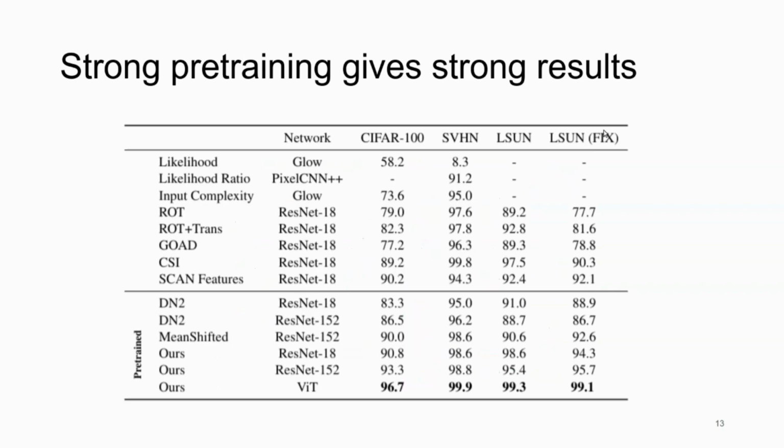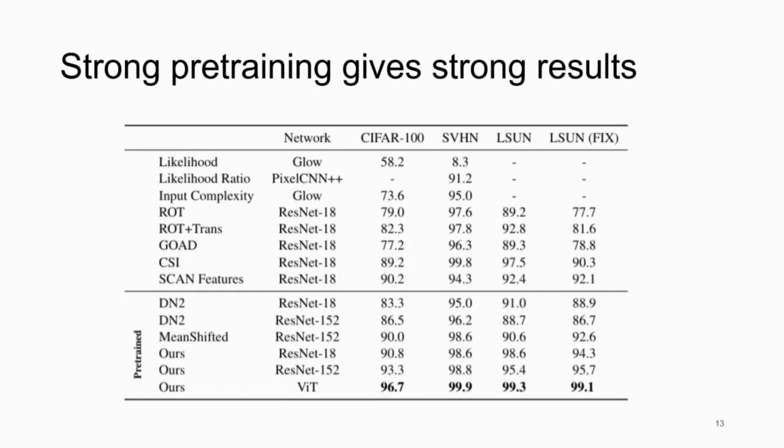And we can see that taking pre-trained features and adapting them with the pseudo labels that we got from SCAN gives us very strong results. Even comparing ResNet 152 architecture, we can see that we mostly outperform a previous method that uses similar architectures.